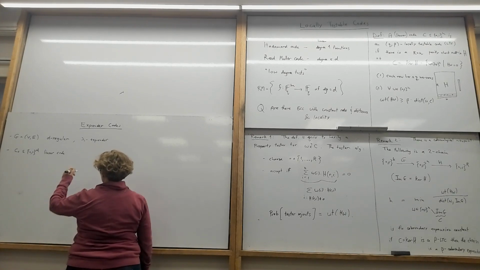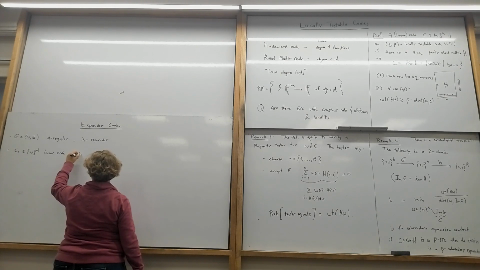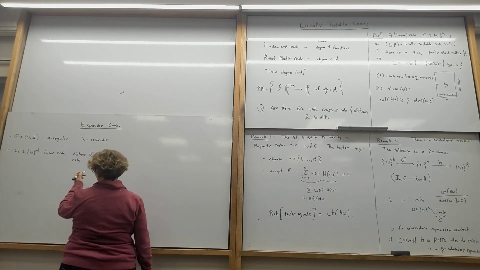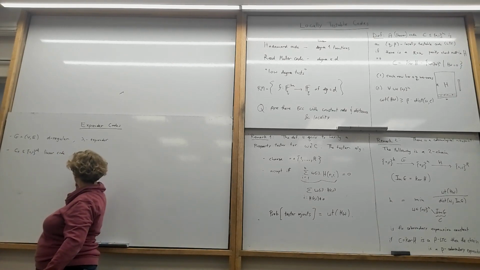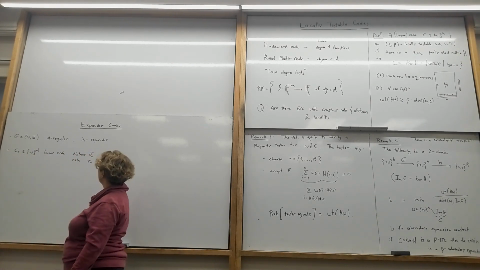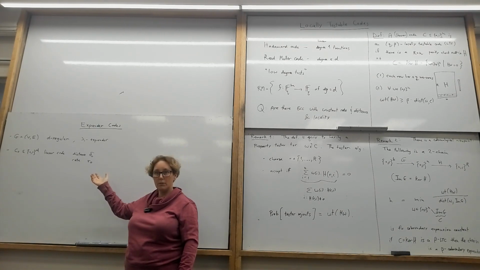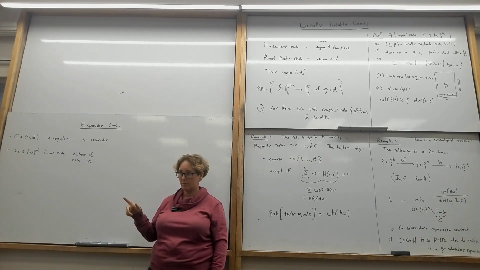A linear code with distance delta 0, say, and rate r0. Okay, so rate r0 means that the dimension of C0 is r0 times d. So we're given these two objects, and from them we construct a new linear subspace, the expander code. Question?